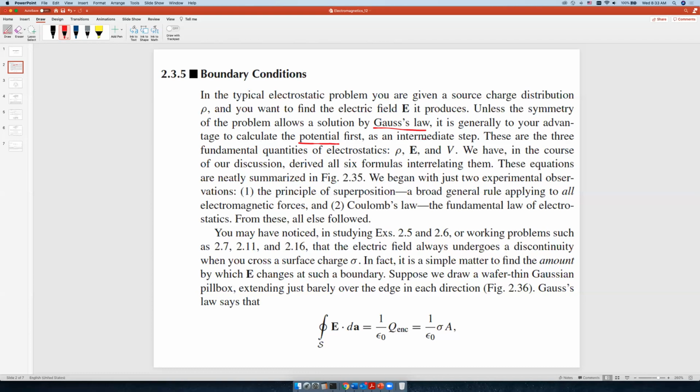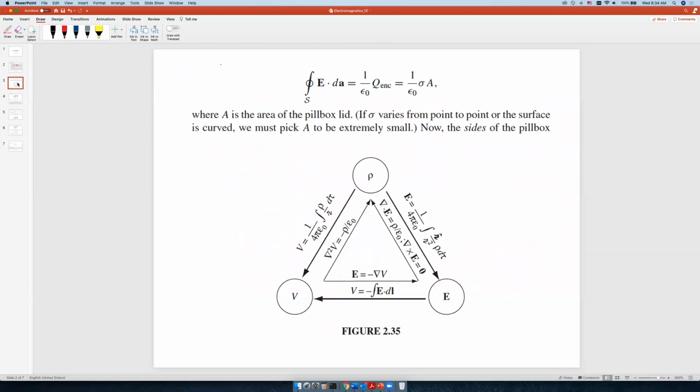So we have learned three basic quantities: rho, E, and V. Rho is the charge density or charge distribution, E is the electric field, and V is the potential. For these three fundamental quantities of electrostatics, we have derived six formulas, which are shown here.